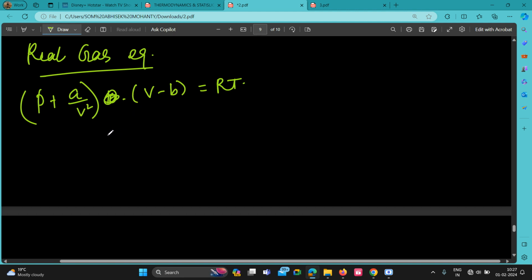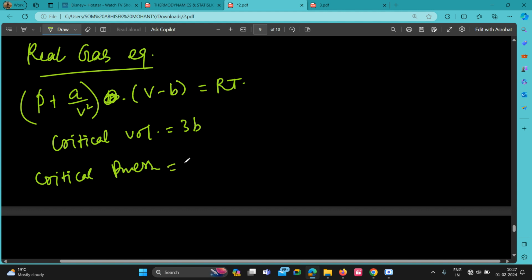Alright. So here, critical volume, just remember this. Critical volume is 3b. Critical pressure, how will you calculate it? You just take the differentiation. You can take the differentiation and calculate this.